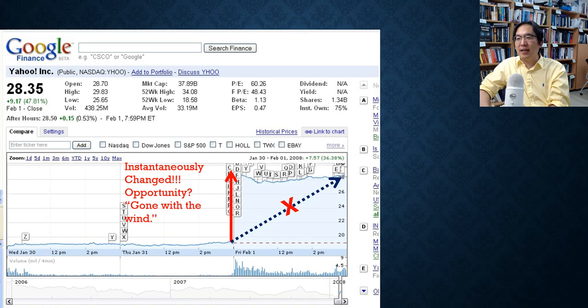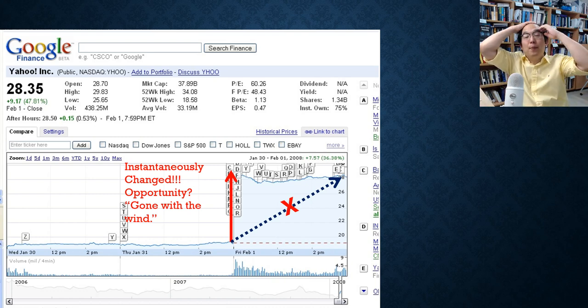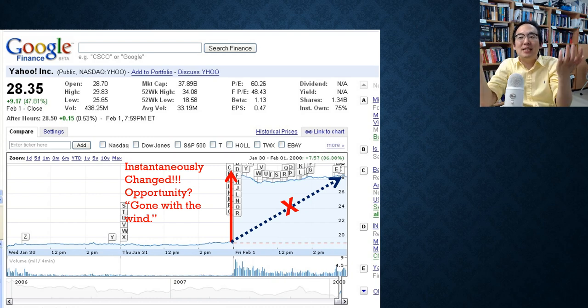So here I captured the screenshot of those 3 days. Yahoo takeover, okay? Microsoft announced it in the morning of February 1st, and the price skyrocketed instantaneously. So much so that by the time I was starting to study that day, I already missed that chance.